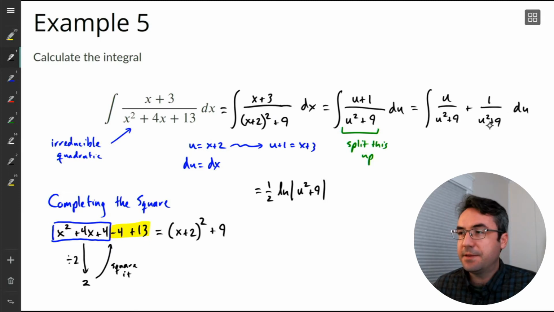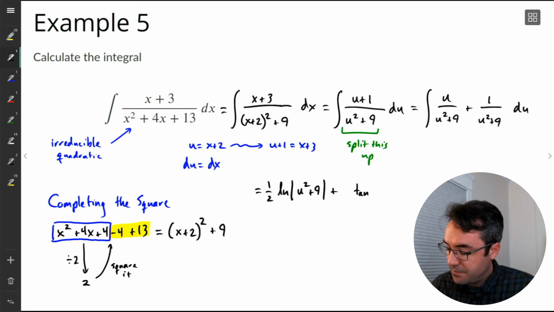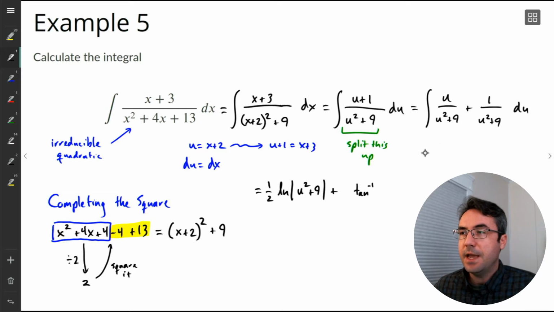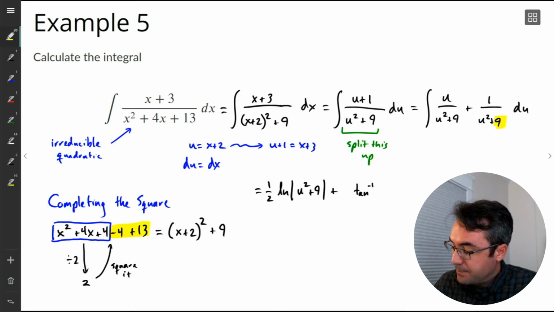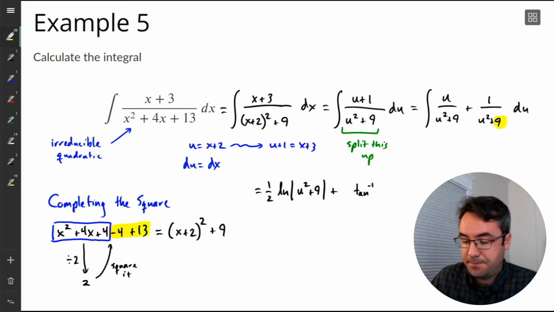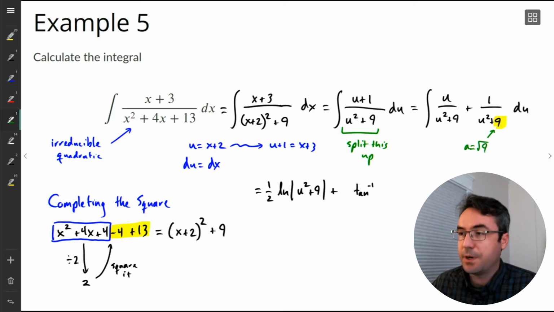Then we want to integrate this 1 over u squared plus 9, and that's going to involve our inverse tan function. The only thing we need to figure out is the a value that goes with it. So we look at that positive constant that we have there, and that tells us a is equal to the square root of 9.